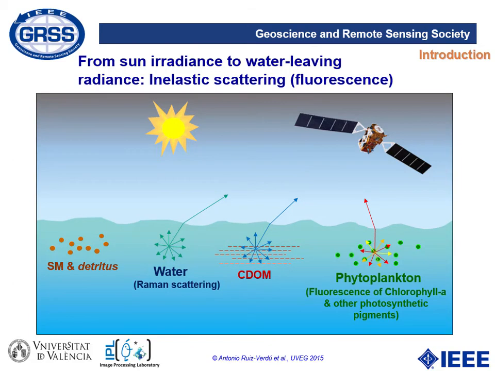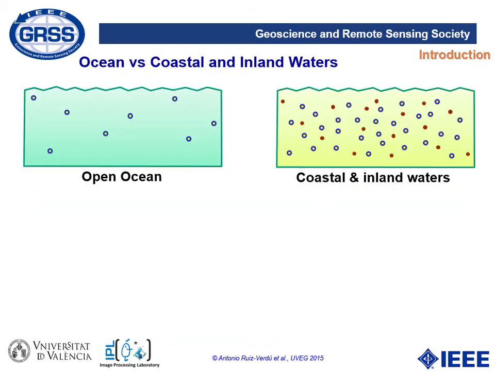So this is more or less the scope of what constituents are affecting the water leaving radiance. But there are important differences whether we are studying the open ocean or coastal and inland waters. And as I said at the beginning, this tutorial is centered mainly in the study of coastal and inland waters.